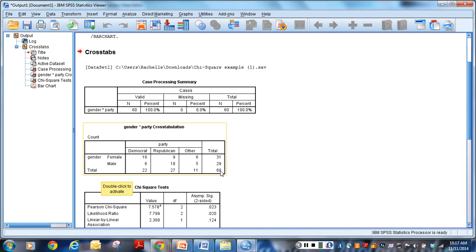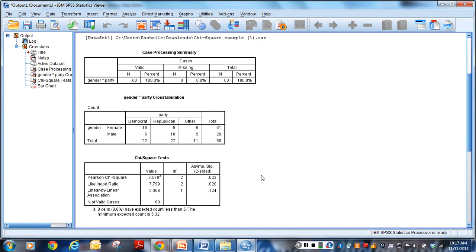The same thing with our females and males. Notice our total females, we have 31 females, 29 males, which is a total of 60. So our N is 60. Remember we said we needed our N to be more than 30? Well, we are just fine because our N is 60.